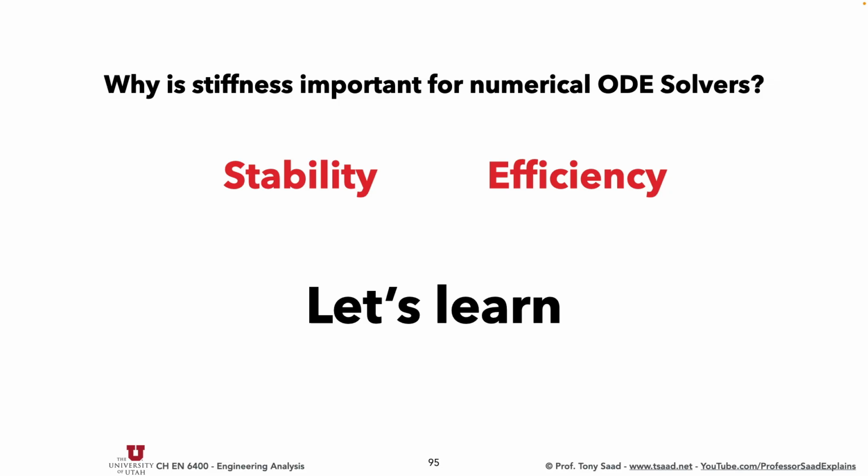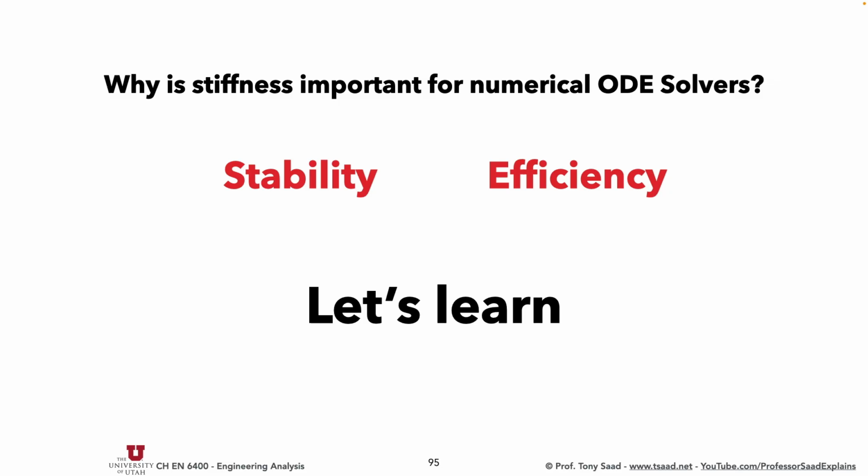For two reasons. Because of what we call stability and efficiency. And that's a challenge. It's challenging to teach this without going into the details of numerical methods. For those who are taking Professor Sutherland's class, you will learn about this a little bit more. If you took my numerical methods, we might have touched on it very simply, but I'm going to try to explain this from a qualitative perspective.